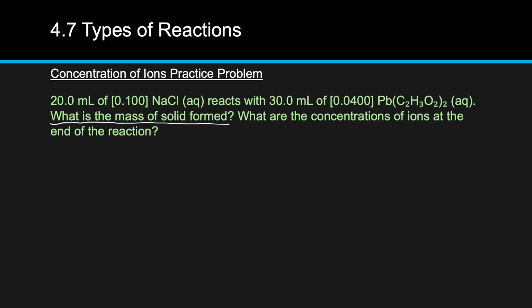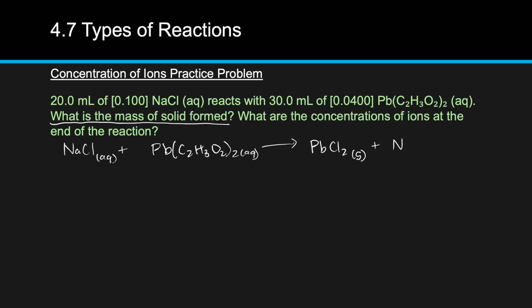So we know our two reactants are NaCl, which is aqueous, and Pb(C2H3O2)2, which is also aqueous. And those are going to form our products. First, let's do our PbCl2, which does not have any of the 4 ions in it, so I'm going to assume that's solid.